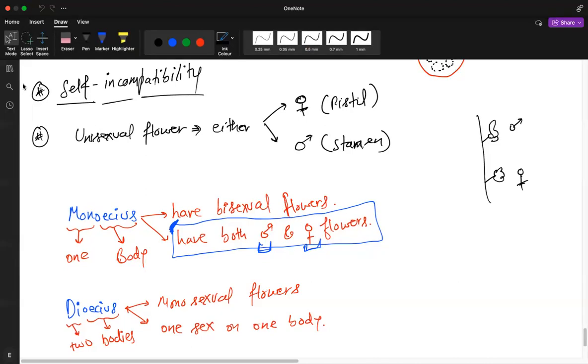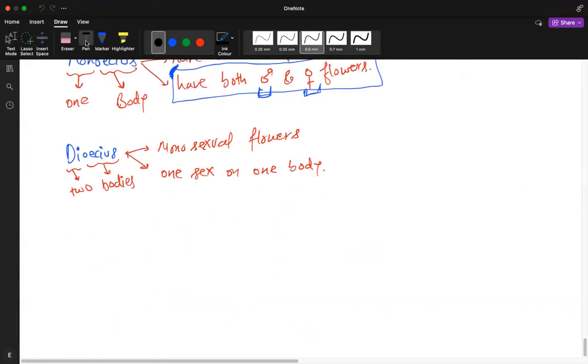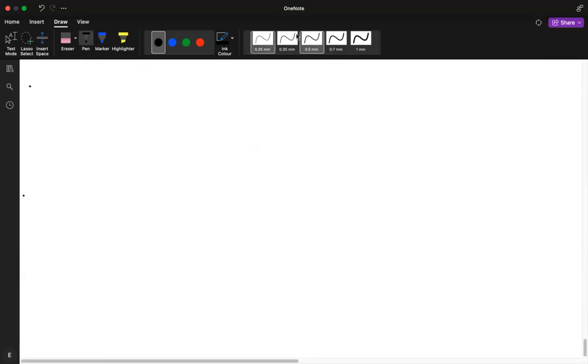So when we talk about seed, what do you understand by a seed? What is a seed? So let's pay attention here. If we start with post-fertilization, what happens?